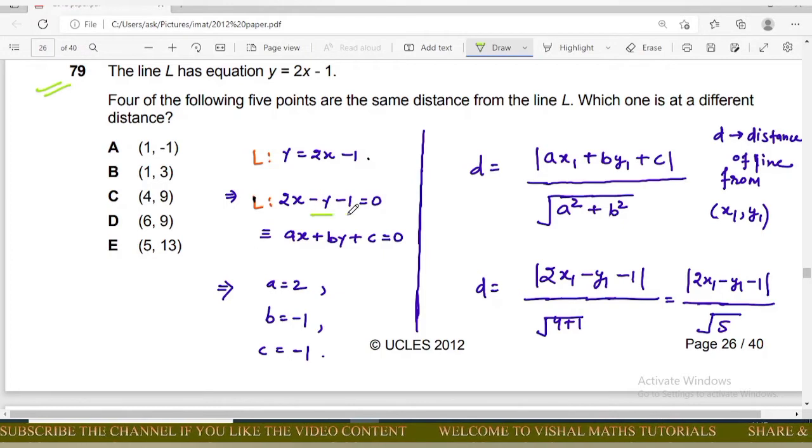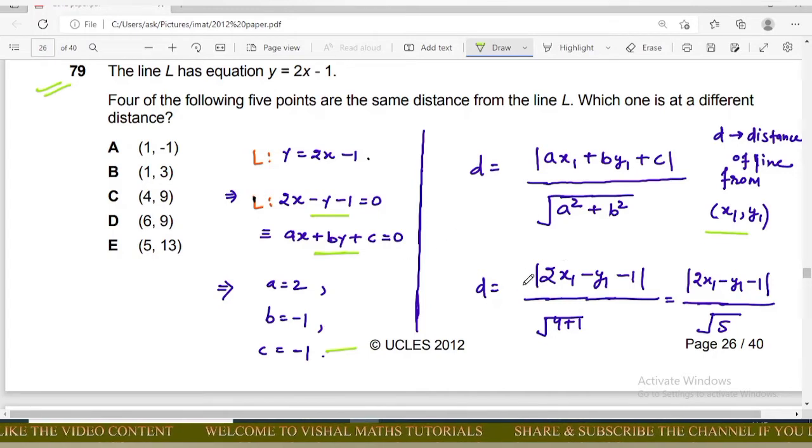Now we compare this equation with the general form of a line, that is ax plus by plus c equals 0. Now we compare the coefficients of x, y and the constant term, that is a equals 2, b equals minus 1 and c equals minus 1. Now we have a direct formula for the distance from this line to a point, which is mod of ax1 plus by1 plus c, upon square root of a square plus b square.